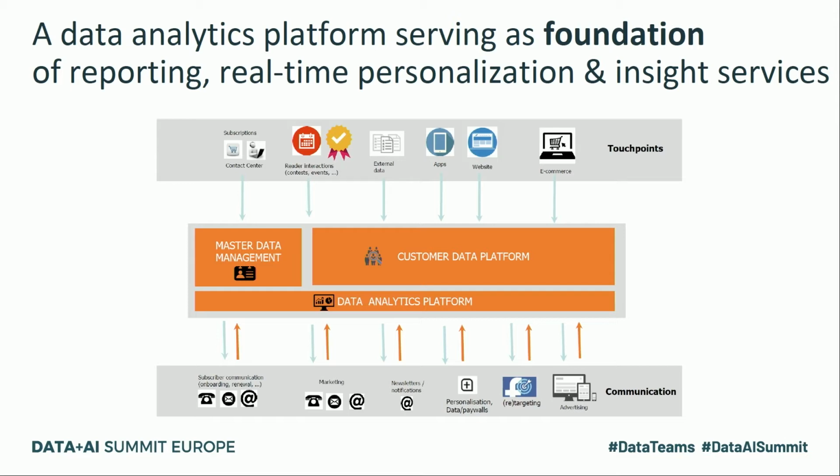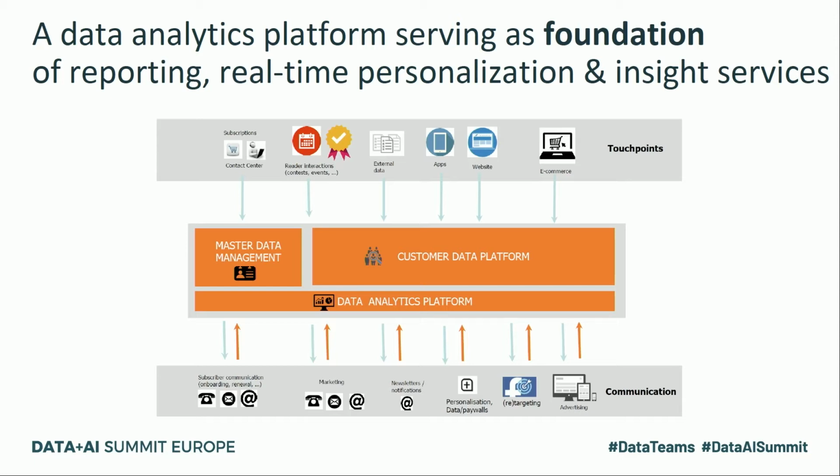It basically translates touch points, which are shown here on top, from e-commerce, from apps, from websites, but similarly from reader interactions, such as events that are hosted online or virtually, and content center interactions, to the data platform. Within the data platform, the customer data platform, the master data management for the match and merge, and the data analytics platform really work together.